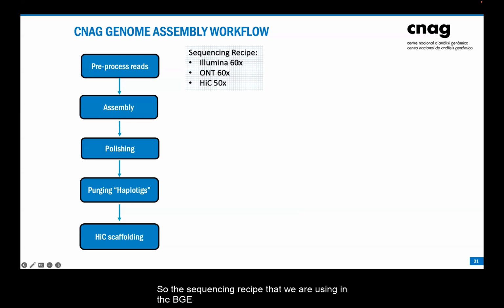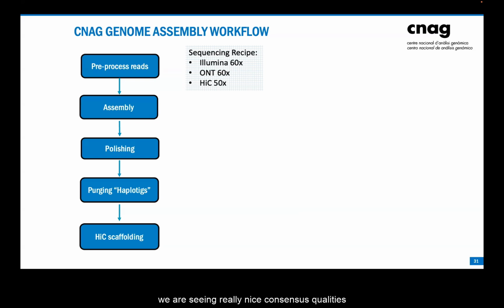So the sequencing recipe that we are using in the BGE project at CNAG, at least I think others might be using a similar one, is we use Illumina 60X because we want to polish the assemblies done with ONT. Although with Q20 now we are getting really nice consensus qualities for quality values.